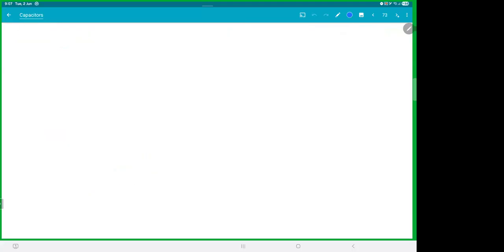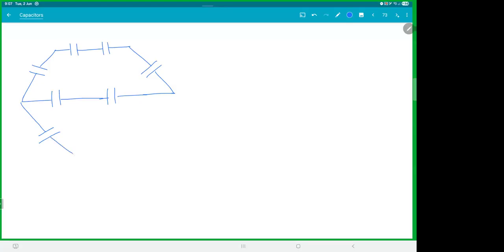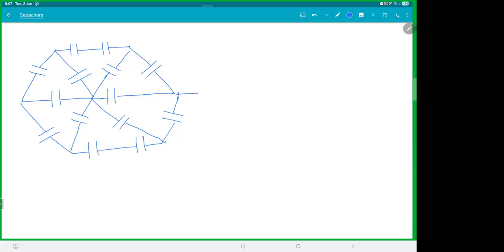So for example, let's say we have a circuit like this. I didn't draw it properly, but the length of the wires won't matter anyway, just the capacitance.